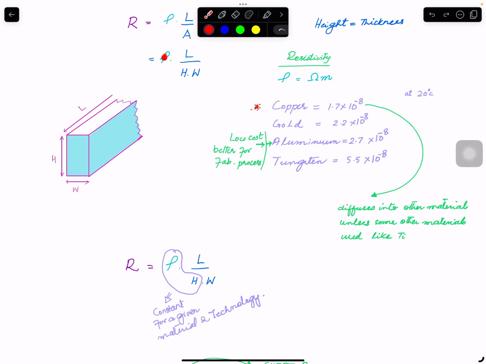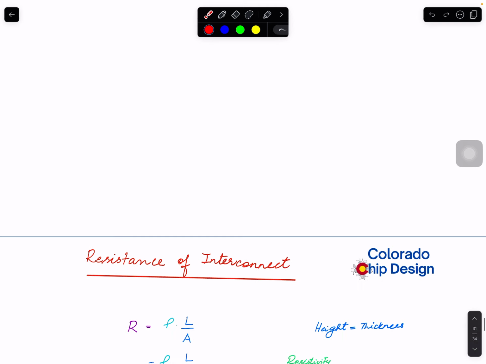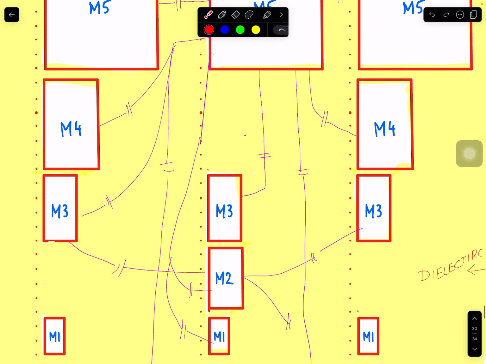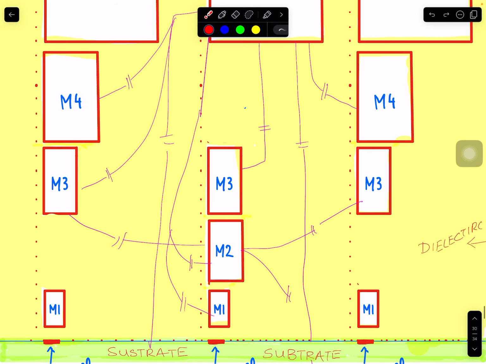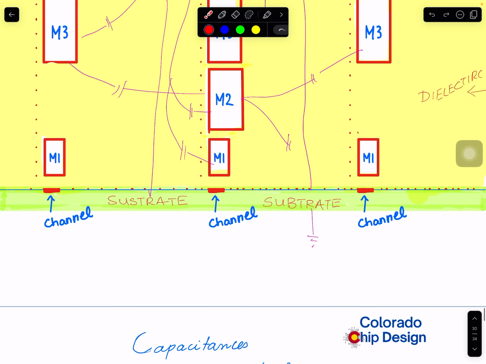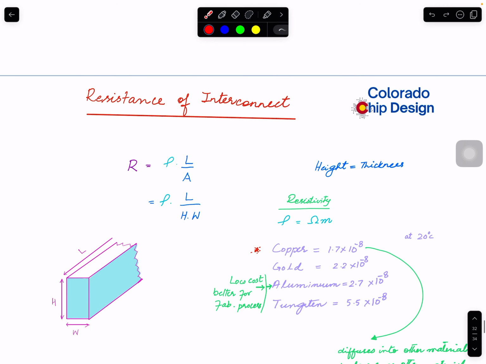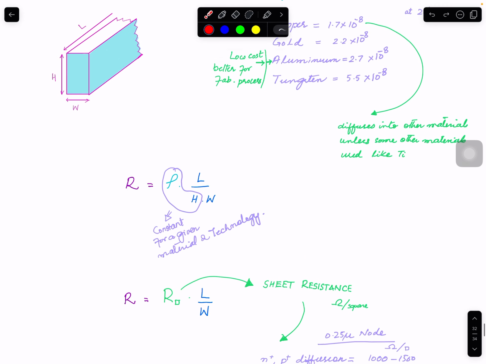But if you look at a given material or a given technology, so your material is fixed, aluminum alloy, fixed, and the height of the metals are also fixed for the particular technology, as I showed you here. Different metals, their height has to be drawn like that. You can change the width or spacing between them, but height is fixed.